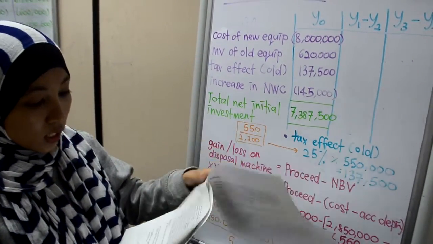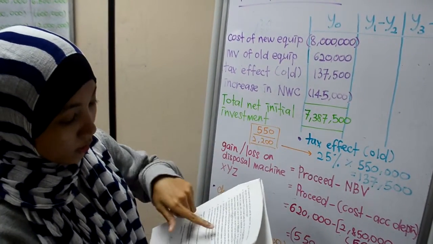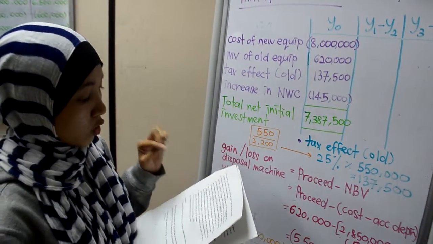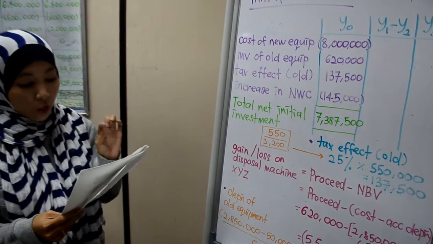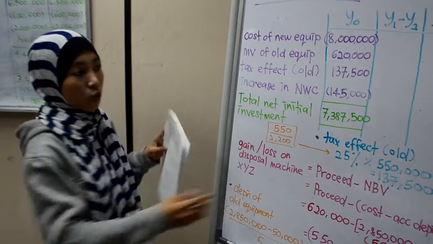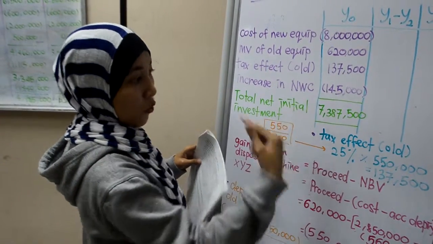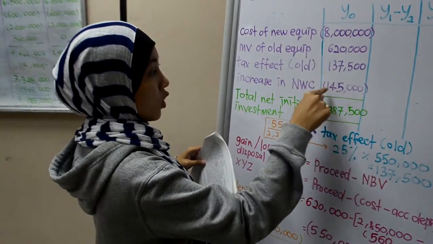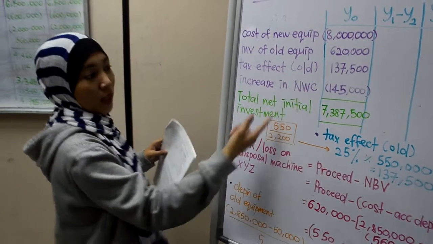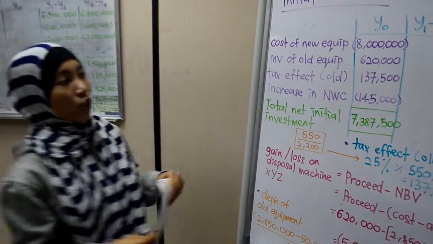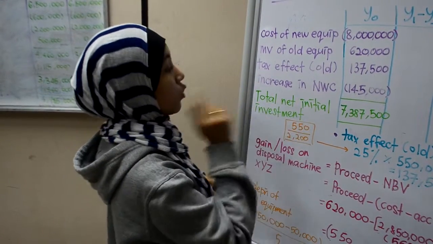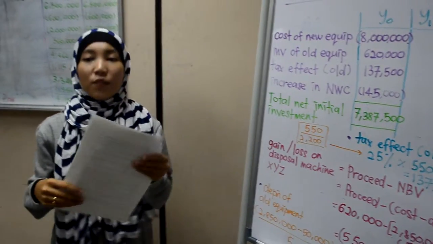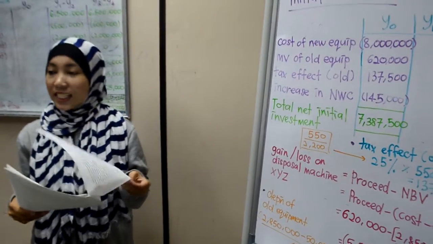It is mentioned in information, which is the report also has not factored in the fact that the new machine will require 145,000 in working capital upfront. So this is why we have to take out our money for the incremental net working capital. So after you get all the numbers, then you can total up to get the total net initial investment. So do you guys clear?